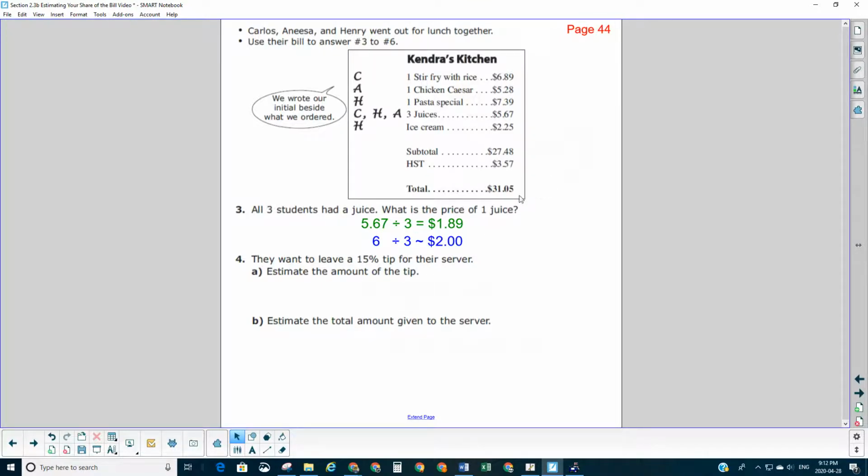If the total is $31, the first thing I'm going to suggest is we do the math in our head on $30 instead of $31. And we're going to calculate 15% the same way we did in the warm-up. You're going to do 10% and then 5%. First, the 10%: you divide by 10 or move the decimal 1 place over.